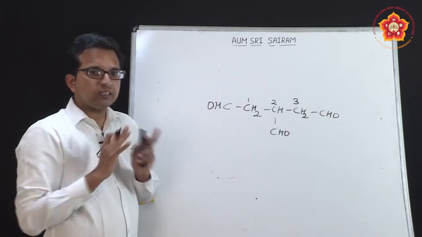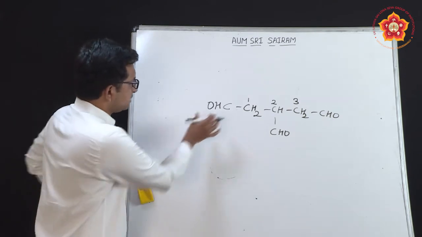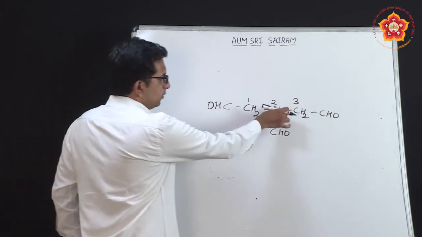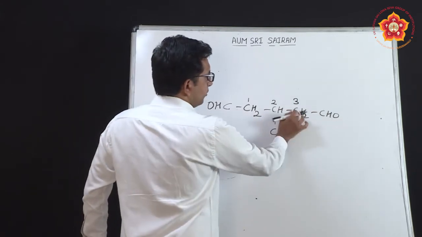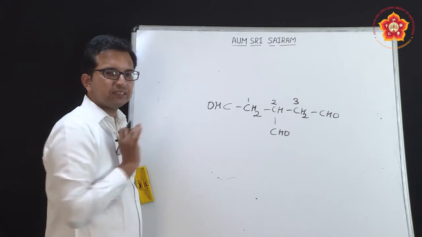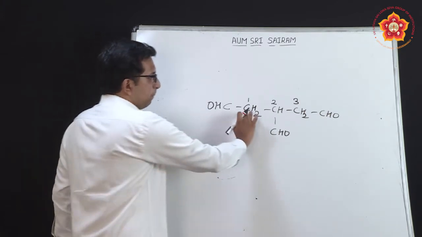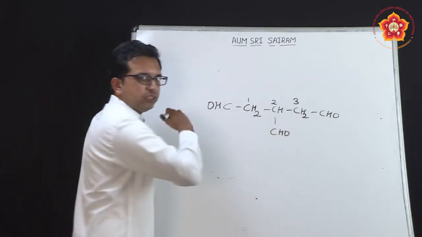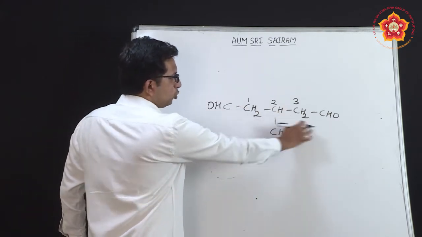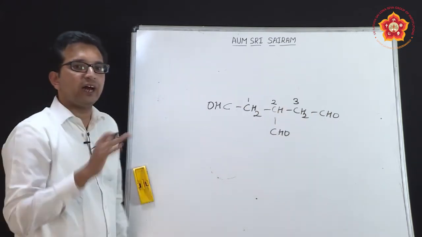And what are the aldehyde groups that are present? There is one aldehyde group on the first carbon, one on the second carbon, and one on the third carbon. So in this case, the best name is prop, because it's a 3-carbon straight chain that we are considering, propane-1,2,3-tricarbaldehyde.